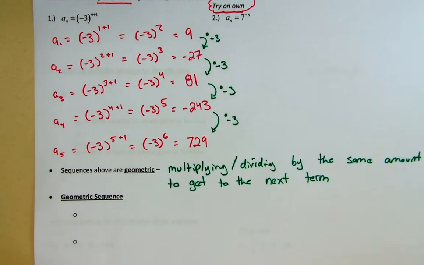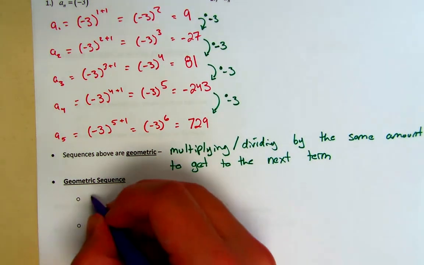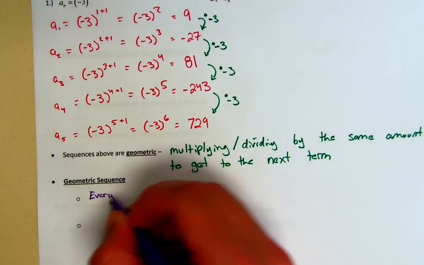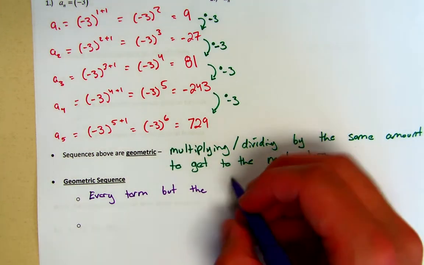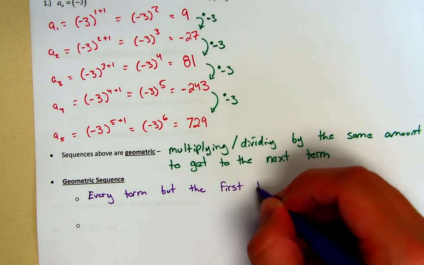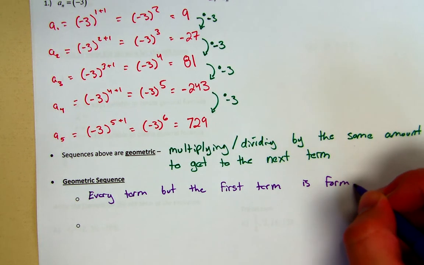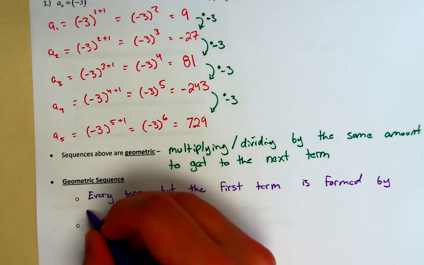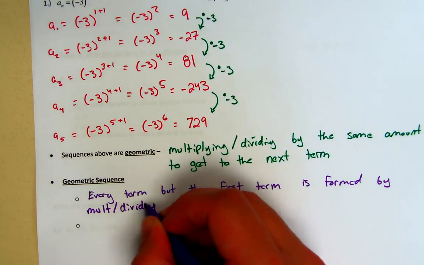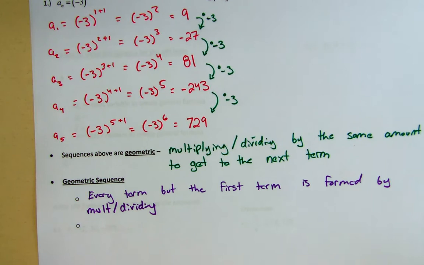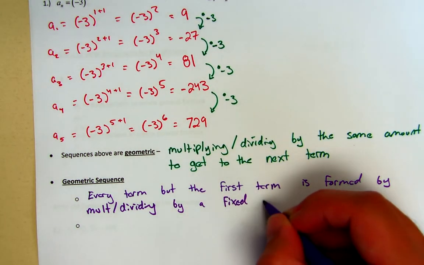Alright, so what exactly is a geometric sequence? It is every term but the first term is formed by multiplying or dividing by a fixed amount.